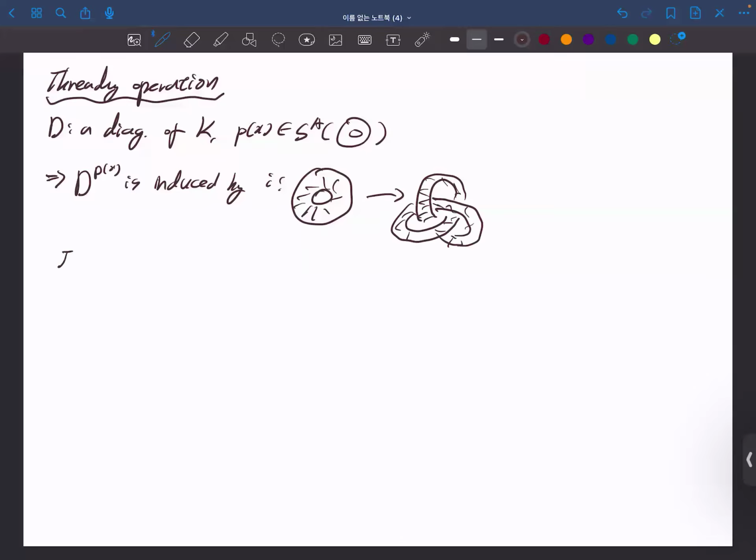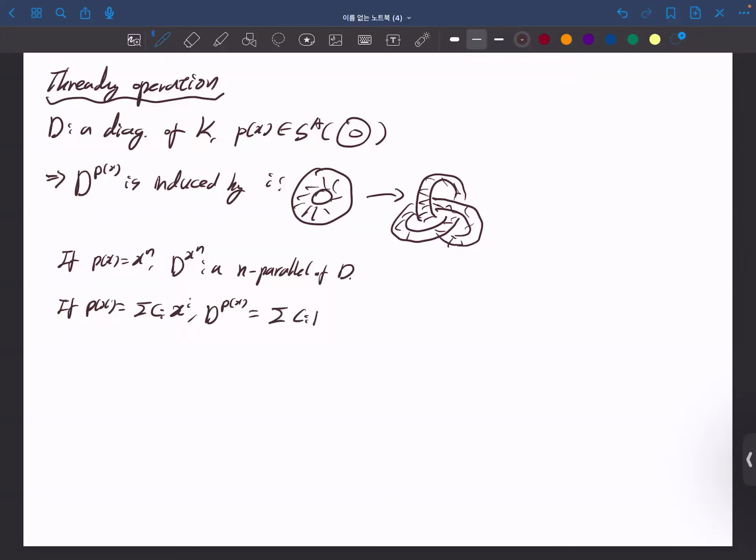More precisely, if P(x) is equal to x to the n, then D(x^n) is an n-parallel of K. And if P(x) is a linear combination of x^i, then D(P(x)) is the sum of the D(x^i). And we call this operation the threading operation.